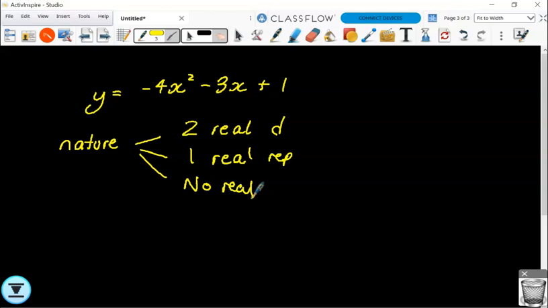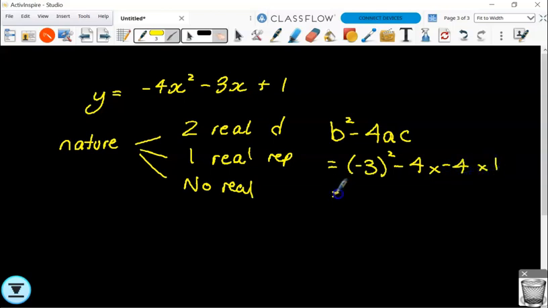So you don't have to write this down, you've done these, right? All you have to do is work out the discriminant. So we'd go b squared minus 4ac equals, what's my b value there? Negative 3. So we'd go minus 3 squared minus 4 times your a value, which is minus 4 times 1, 9, negative and a negative, positive, so plus 16.